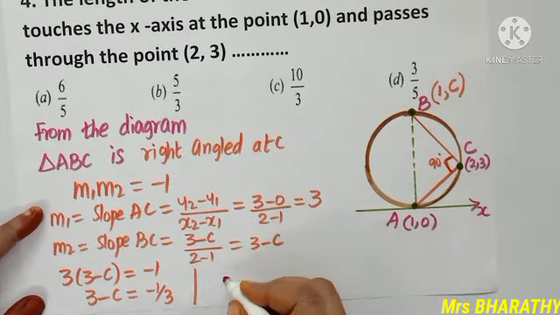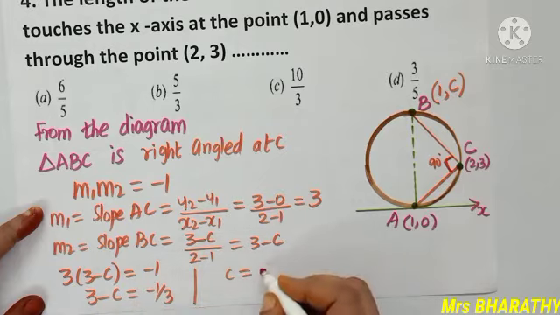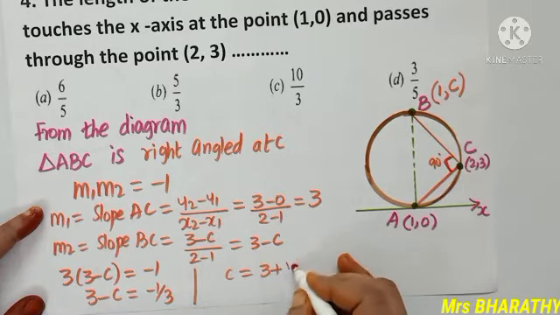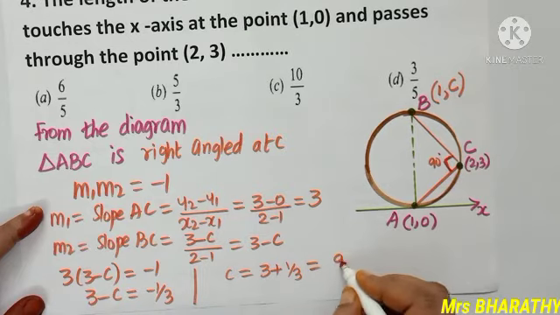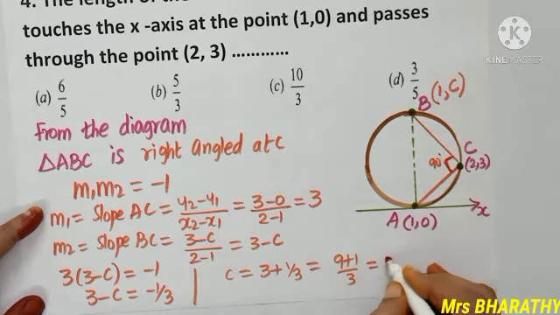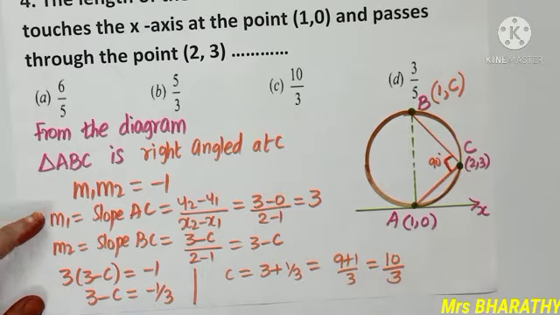Bringing C to the other side and 1 by 3 to the left, it is 3 plus 1 by 3. Cross multiplying, 3 threes are 9 plus 1 by 3, or I get 10 by 3.